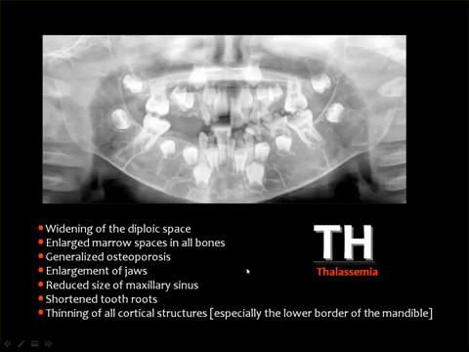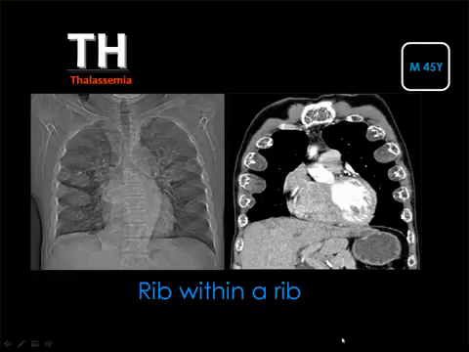Osteoporosis I have mentioned, enlargement of the jaw due to the bone marrow hyperplasia, of course, reduced size of the maxillary sinuses, the air in the maxillary sinuses, shortened tooth roots, as you can see here, and thinning of the bone cortex due to expansion of the bone marrow.